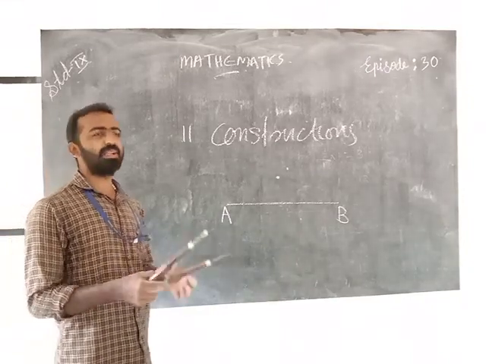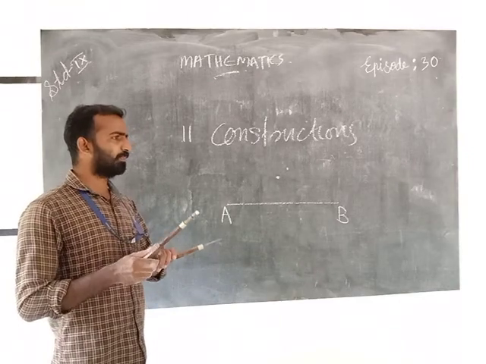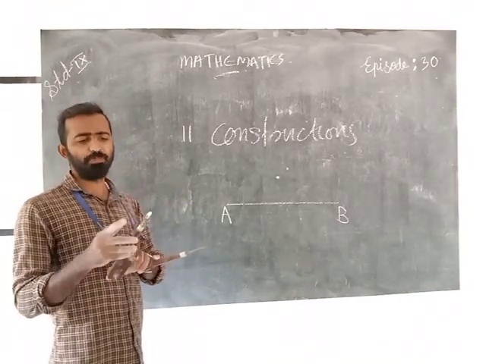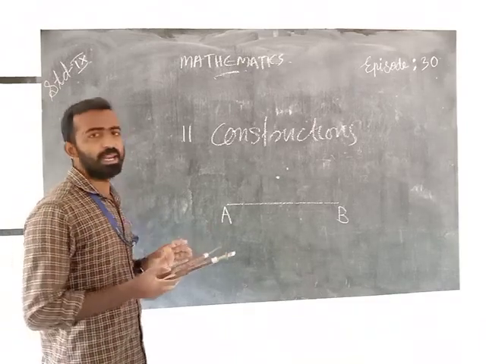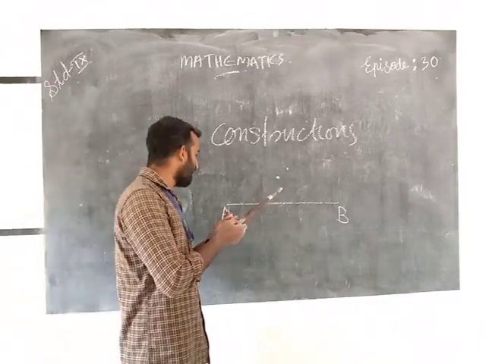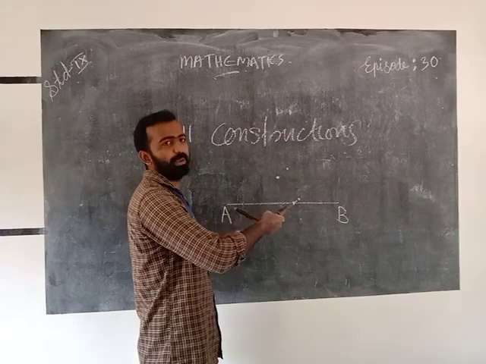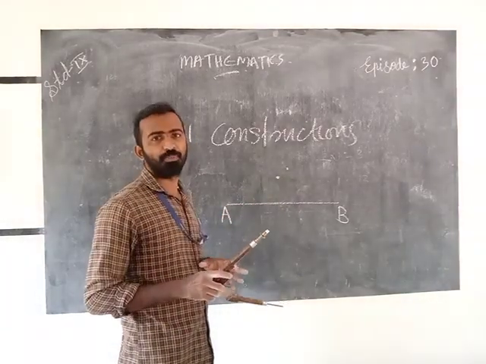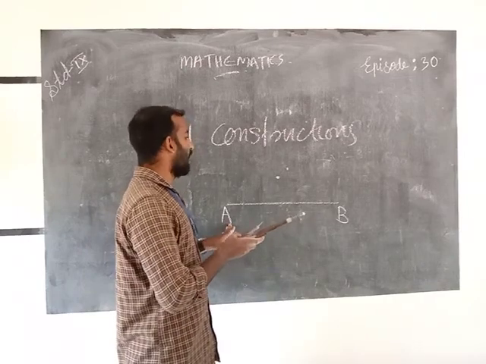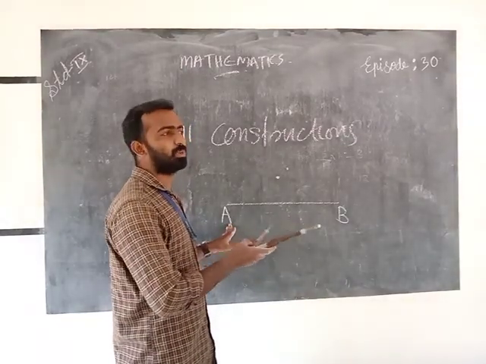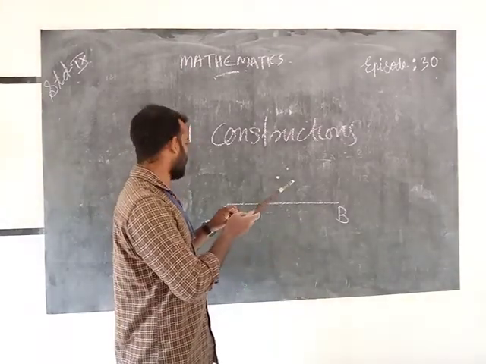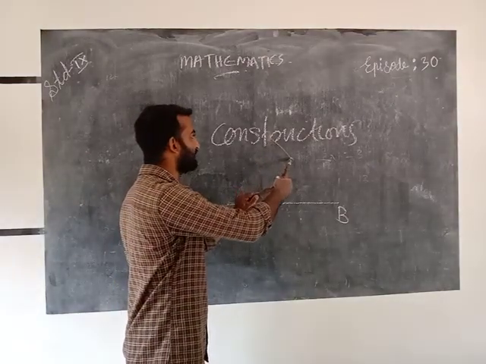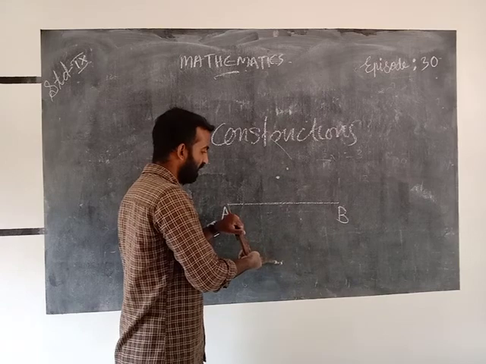Then we take the compass and fix the pencil in its tip. We take more than half the length of AB. Then, with center A, we make arcs on the upper side and lower side.